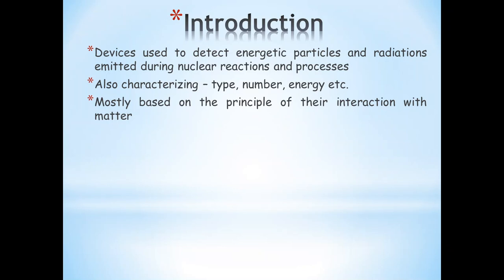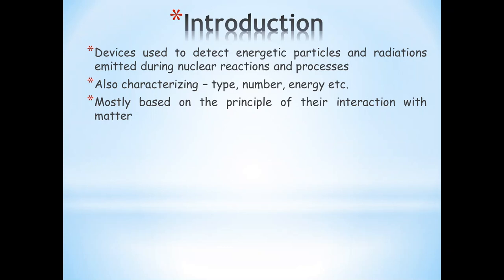It's mostly based on the principle of interaction with matter. For example, when we were talking about radioactivity, we talked about alpha emission, beta emission, gamma emission, and these particles and radiations, when they pass through matter, interact with it.